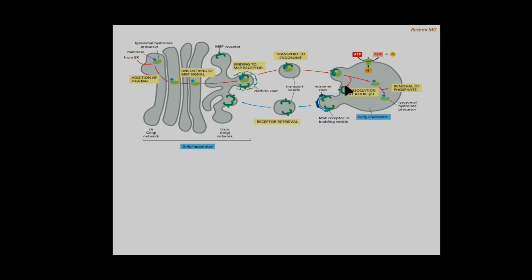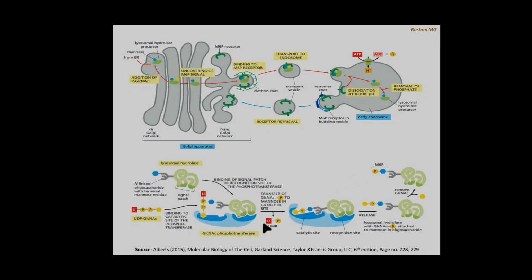And the fate of the M6P receptor, it binds to the retromer coat. The M6P receptor in the budding vesicle gets back to the trans-Golgi network to bring another set of enzymes, and the enzymes get into the final destination.